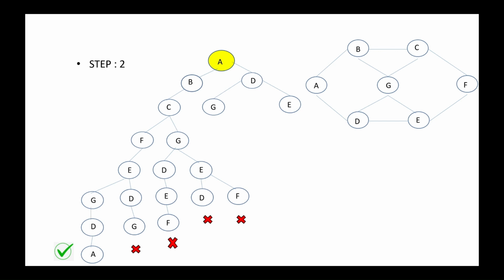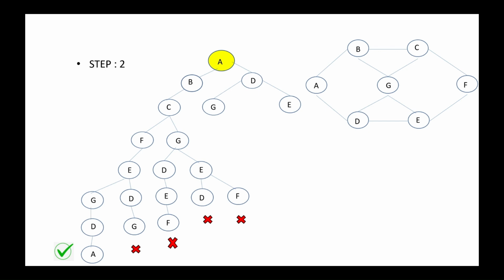So then we check for the next, G and E. For E, there are three adjacent vertices G, D, and F. For E, G is already listed, so we didn't write.